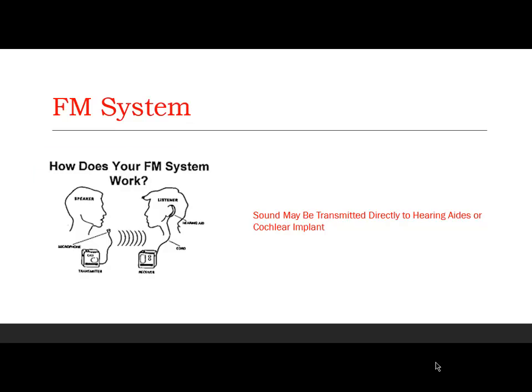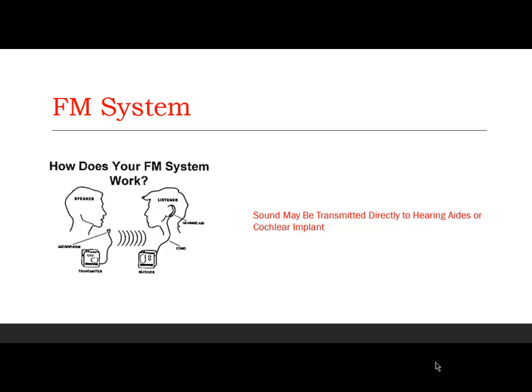Moving on to another type of FM system. In this picture here, we have the teacher speaking into a microphone, which is sending that signal to the individual that's hard of hearing.